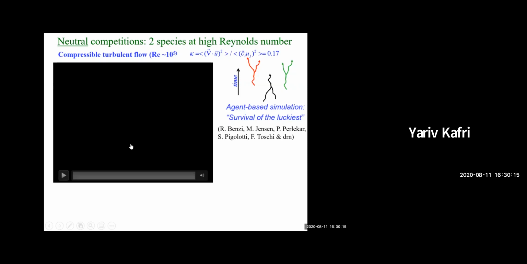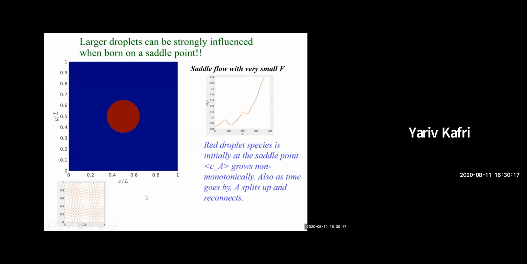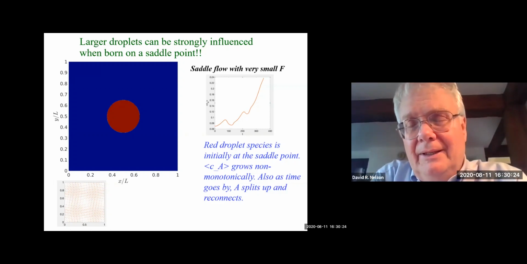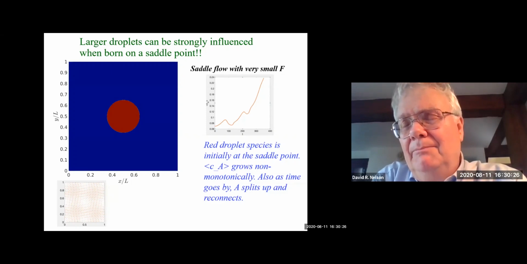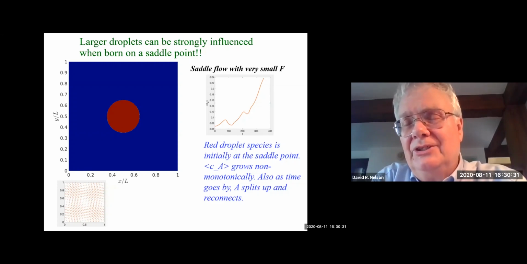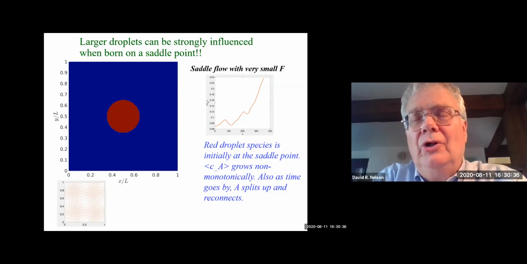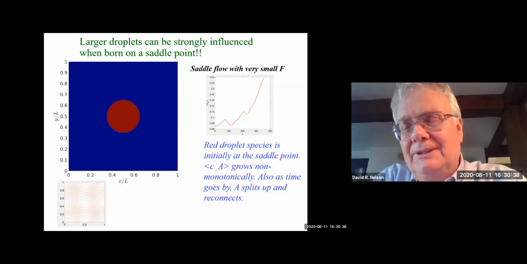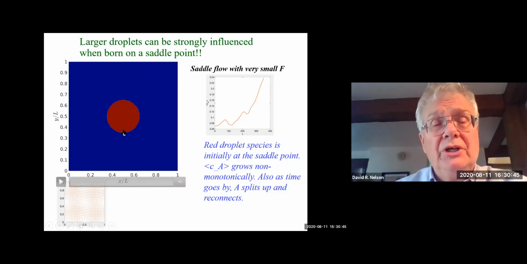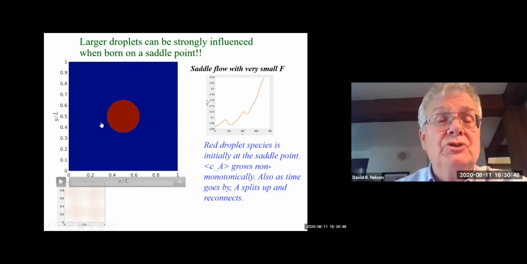David, is the surface tension a heuristic analogy, or can you define something more precise? Okay, very good. Thank you, Yuriv. It's both heuristic and in some cases literally like a surface tension that we know and love. There's aspects of this problem which look like oil and water droplets and so forth. But there are other aspects of it, in particular at the interface, which have to do with organisms dying and reproducing.